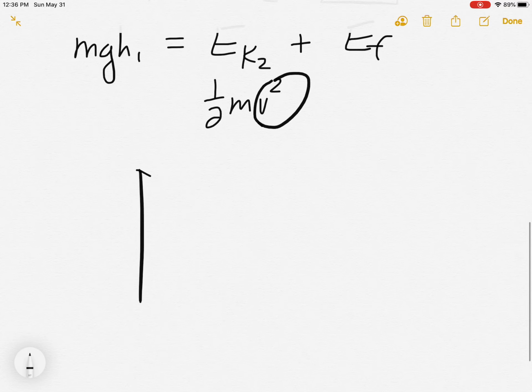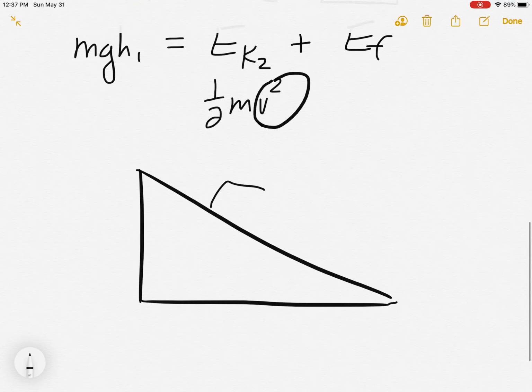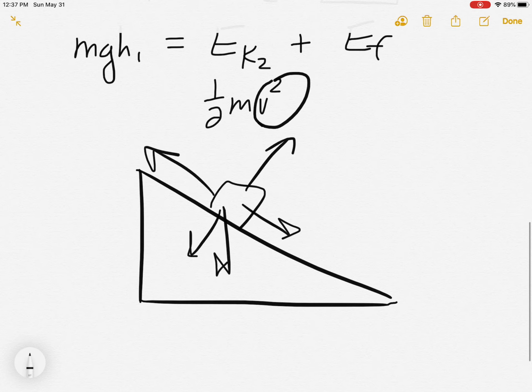So we would have to set up a big long question where we figured out all the forces acting on this object, resolving the gravity, figured out the acceleration using F net x and F net y, got the acceleration, did some kinematics, and found the value of v at the bottom of the ramp. And that's a lot of work. It's a lot of effort to go through, right?